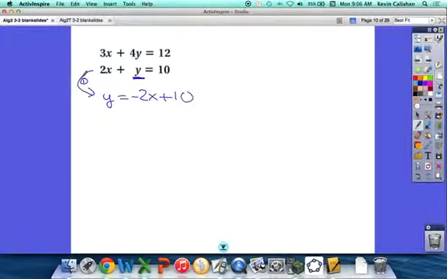What did the second step say? Since we solved for y here, we're going to substitute for y here.